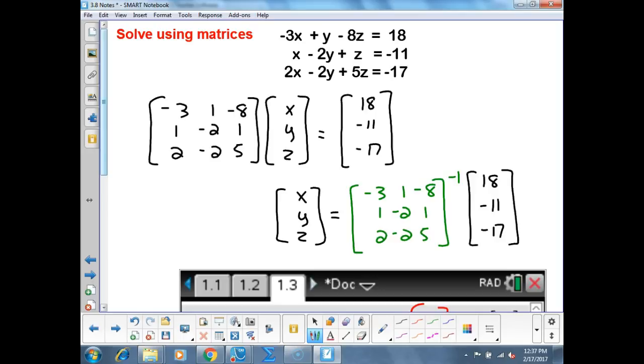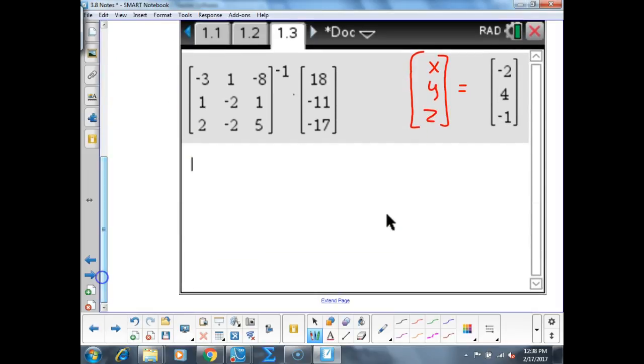Negative 2 minus 8 minus 1 is negative 11. Checks out. Negative 4 minus 8 minus 5 is negative 17. Checks out. So my answer then is the point negative 2, 4, negative 1.